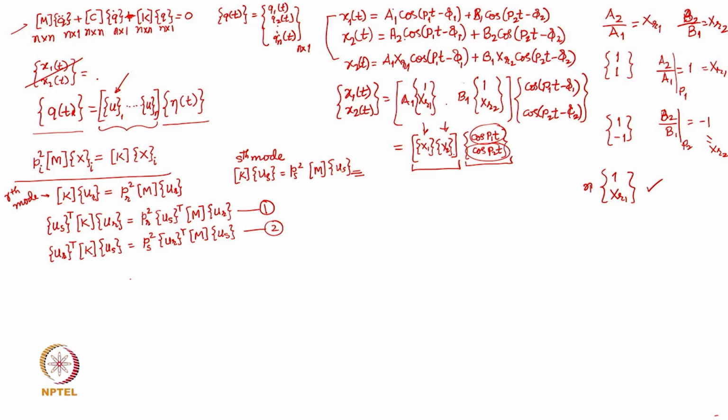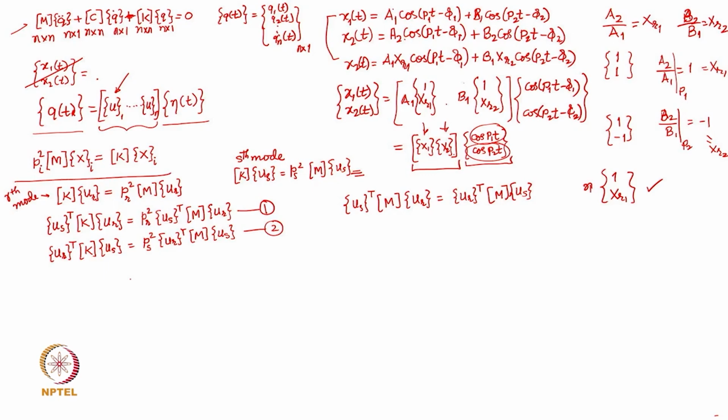Now, as long as your matrices are symmetric, it is possible to show that these mode shapes are orthogonal: us transpose m ur is equal to ur transpose m us. This you can try on any sample example containing a mass matrix or stiffness matrix.